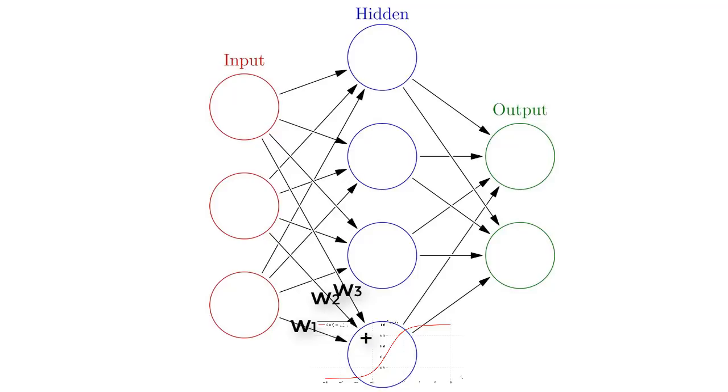The function that it uses to limit the output to between some minimum and maximum is a nonlinear function, and that has some important effects on how the artificial neural network works.